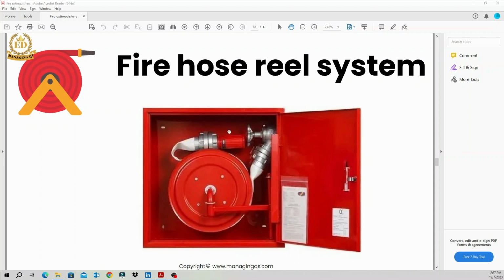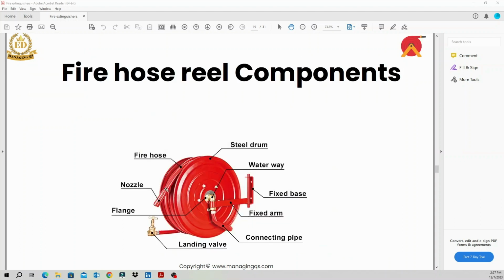The fire hose reel contains these elements: the nozzle, the fire hose, a steel drum, waterway nozzles, and also the landing valves. We will discuss more types of valves in the plumbing and drainage systems. This fire hose reel cabinet is also included in our project drawings.